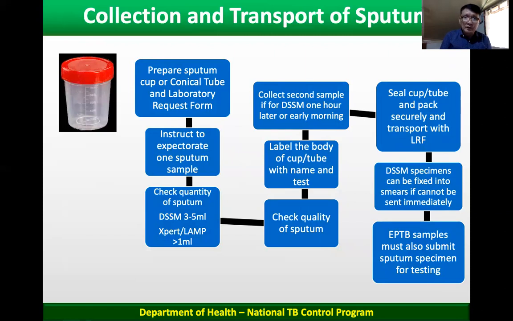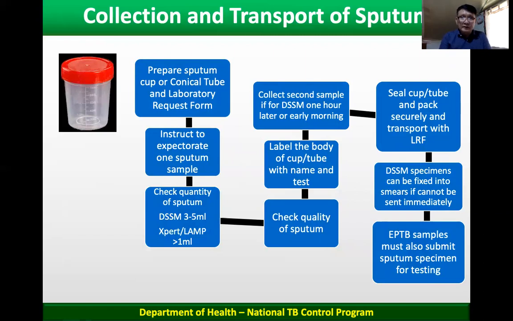After the collection, you still need to check the quantity of sputum. If the examination is for DSSM, at least 3 to 5 milliliters in volume. If it is for Xpert or LAMP, there should be more than 1 ml.